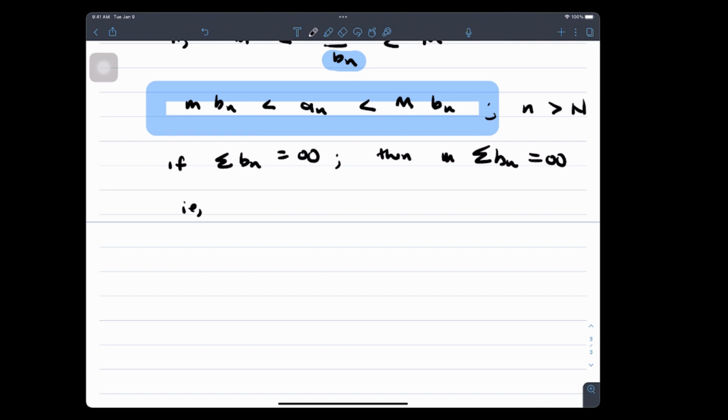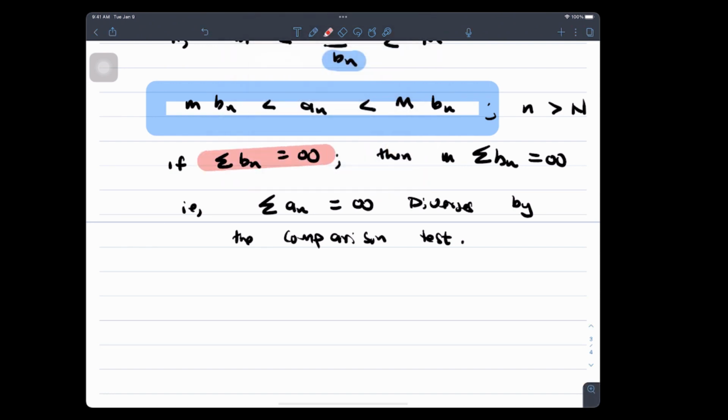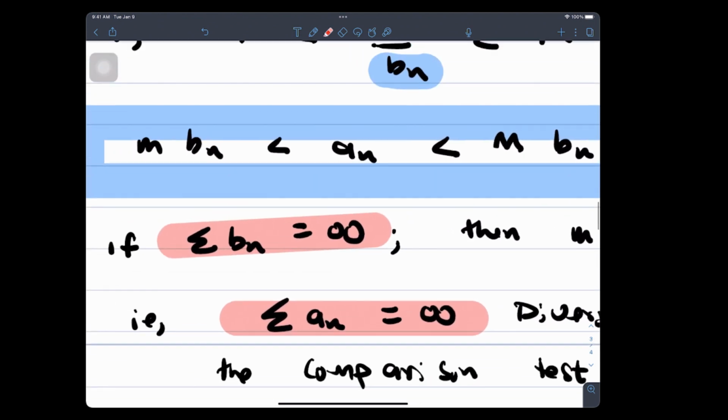In other words, the series AN, which is bigger, diverges as well. So I say this diverges by the comparison test. So this is what they're saying. If this series diverges, then this series diverges. They both diverge. Because of this relationship you guys see up here.